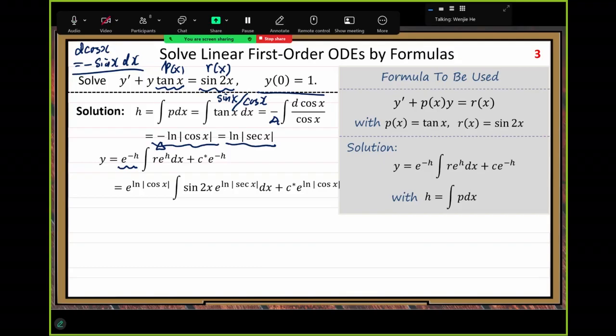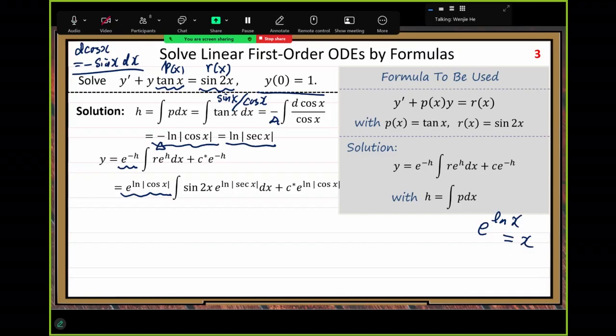Then next, for the simplification, do you know there is a formula? e to the natural log of x equals x. Do you know this formula? e to the natural log of something, because the exponent base and the log base cancel out, so you only keep the x. So here, the first term, e to the natural log of absolute value cosine, you only keep the cosine x.